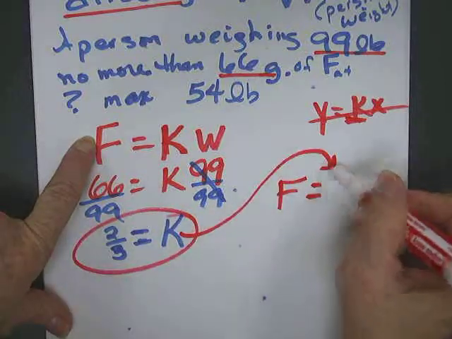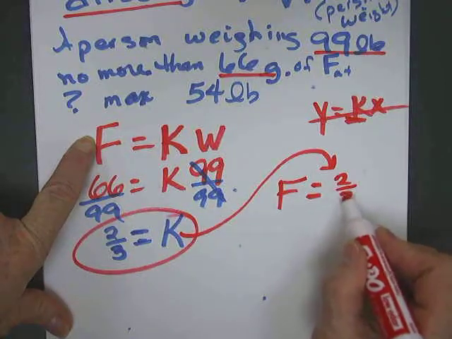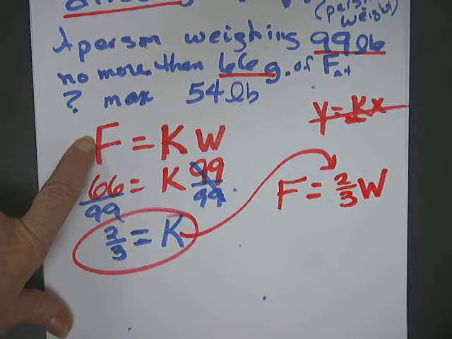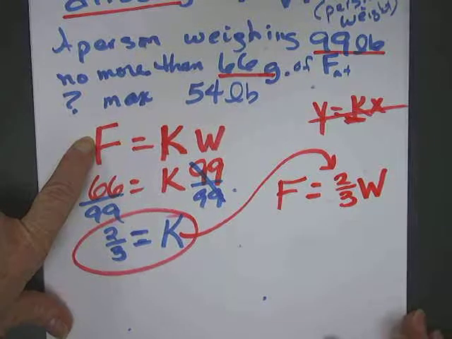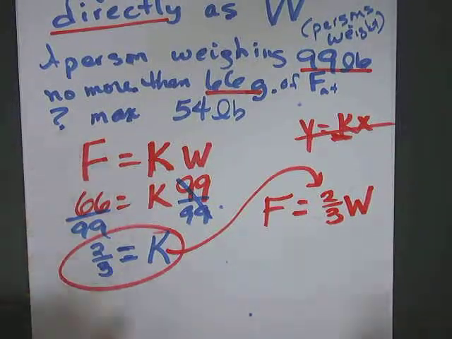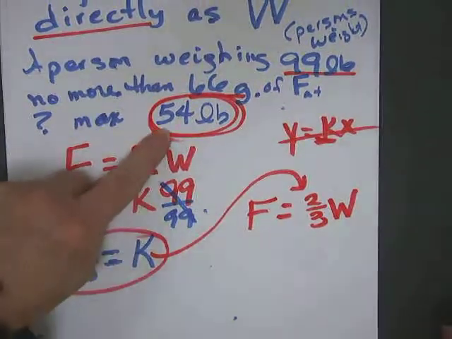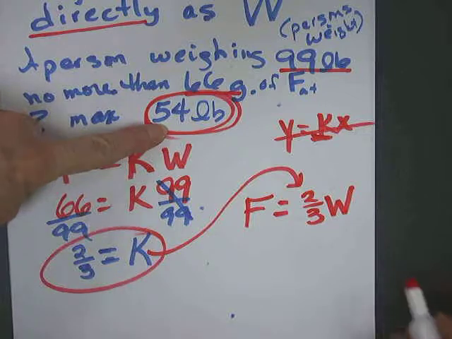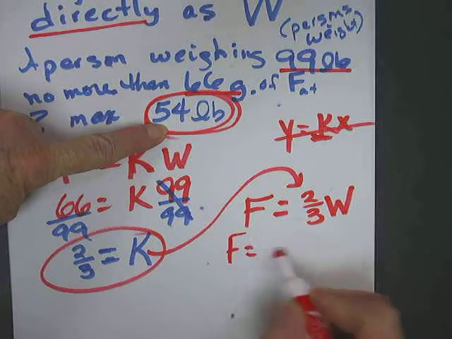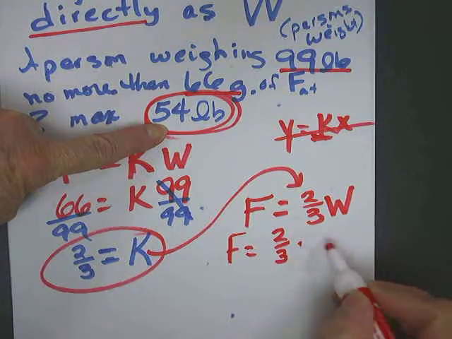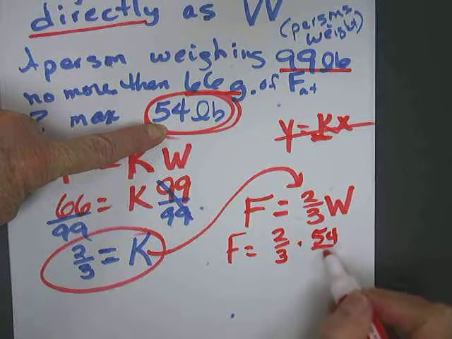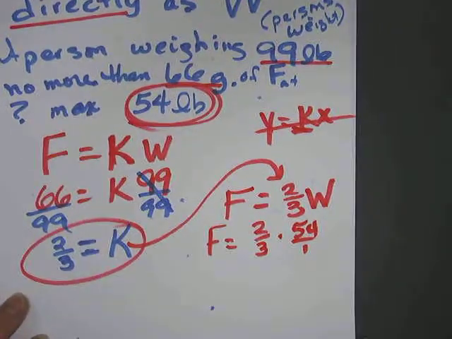Okay, varies directly means you do the K, and is it going to be multiplied or divided? Directly is multiplied. So normally you put like y equals kx, but we're not using x's and y's, are we? The first thing would be like your y.